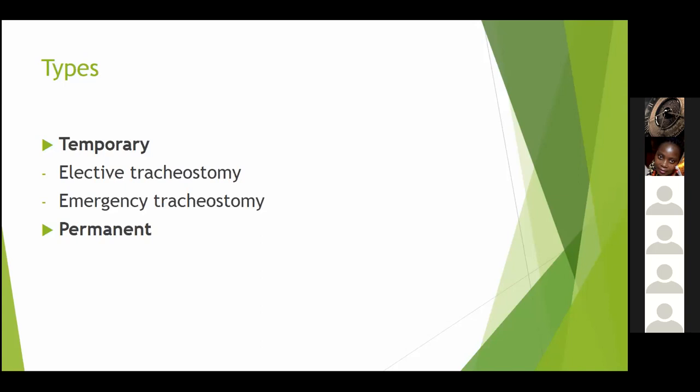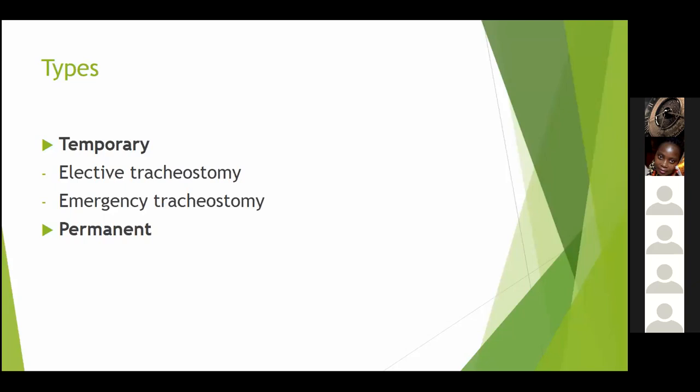This is just based on the circumstances under which it was done. For an elective tracheostomy, you know what elective means. It's a planned procedure. The patient is not at risk at the moment, so it gives you time to schedule when and where you're going to do the procedure.